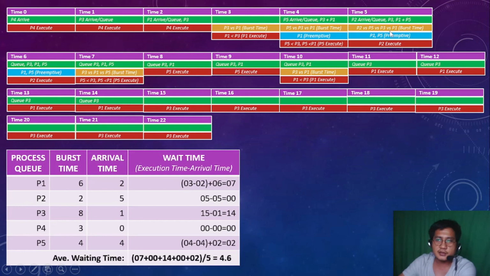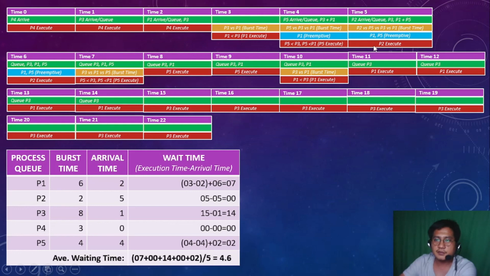Now, in this case, process 1 has 5 burst time because it is already deducted 1 from time 3, and then process 5 has 3, so 5 and 3, and then P3 has still 8 burst time, while process 2 has only 2 burst time.